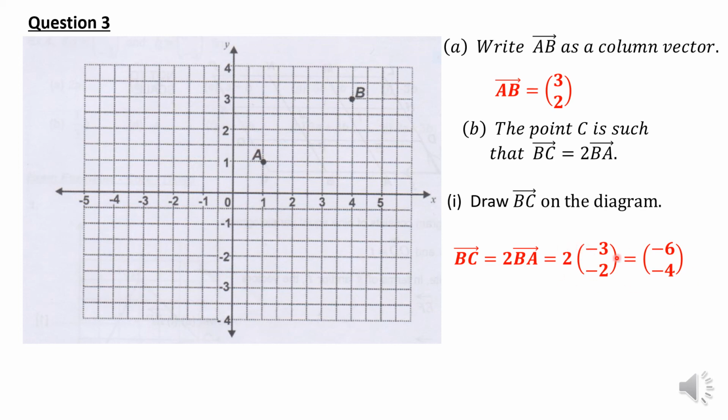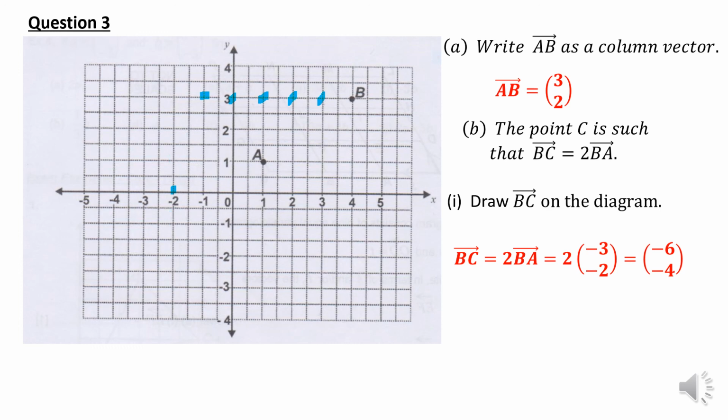So if I then work it out, I get -6, -4. So it is then possible for me to find where that particular point is. Because from now on, I just have to find where -6 is from B to C. So it's going to be 1, 2, 3, 4, 5, 6. And then a negative must go down. 1, 2, 3, 4. So I expect that particular point to be in that region.